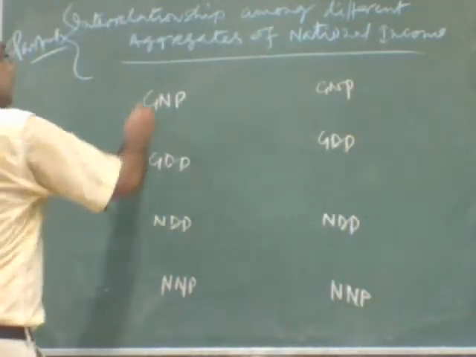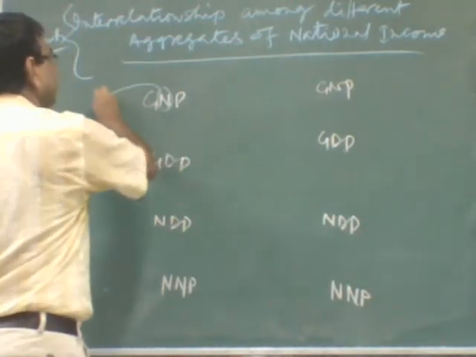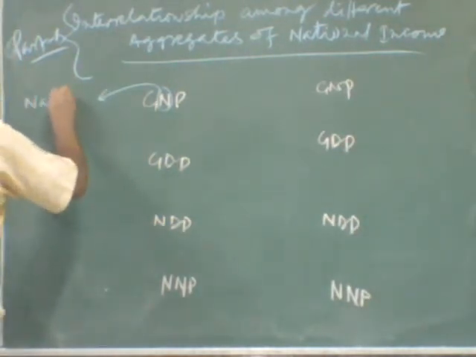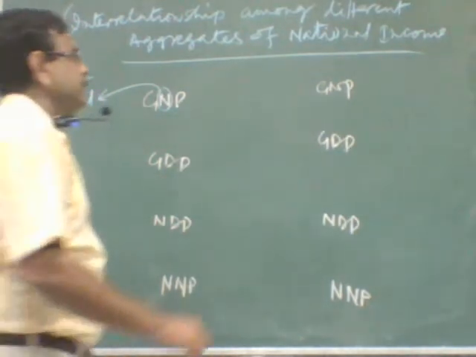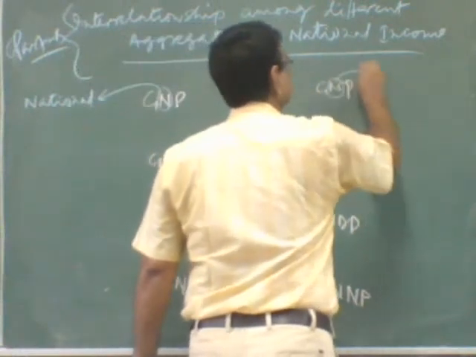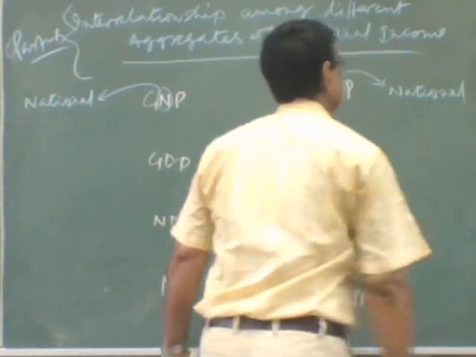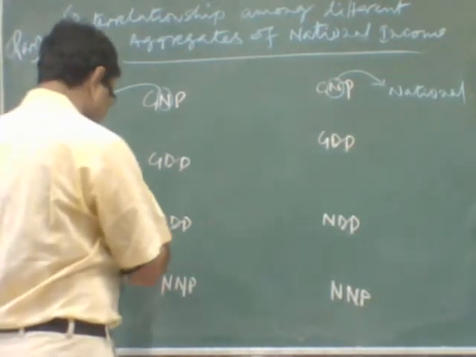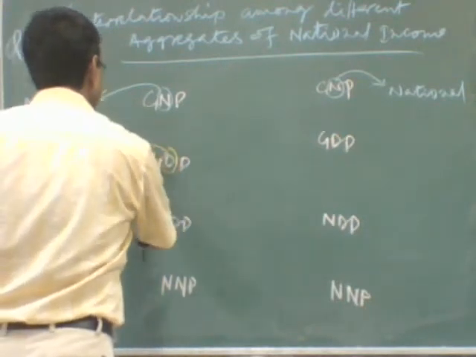Here, GNP means gross national product, so N stands for national. In the same way, here it is national. Here GDP, D stands for domestic.